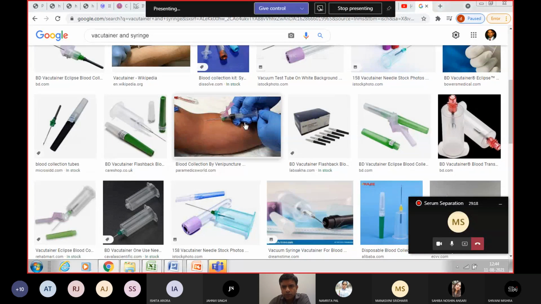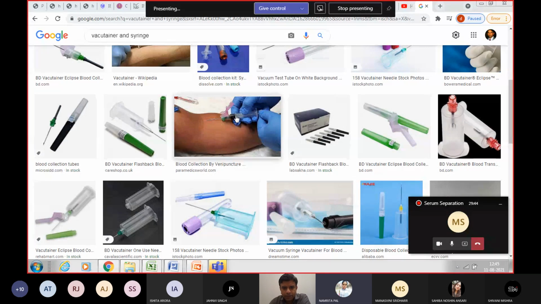Okay, so students just see this image, right? This is the traditional way of taking out a blood sample, right? So what you do, you prick, and then in this syringe, the person pulls it, and the blood gets collected here, right? This, you know, the needle and the syringe.